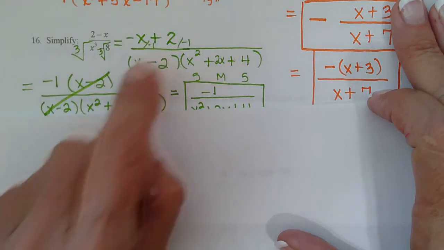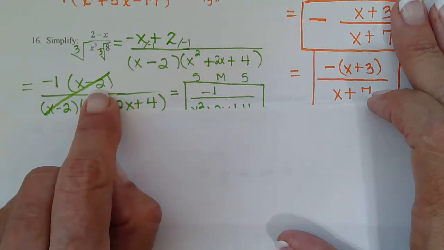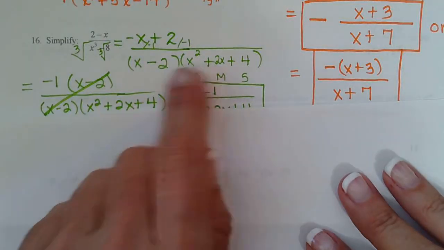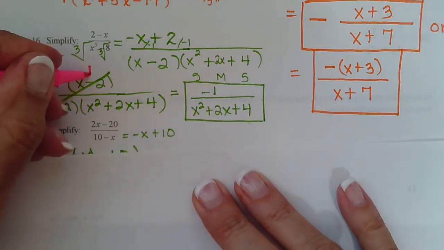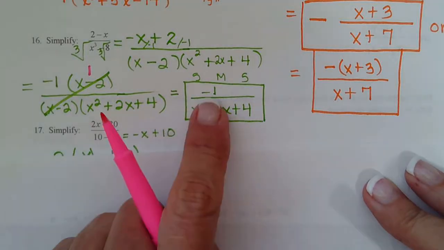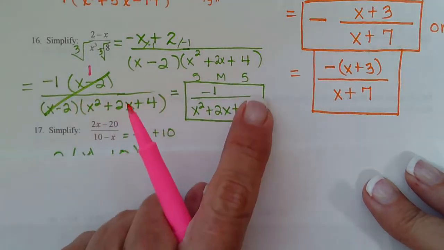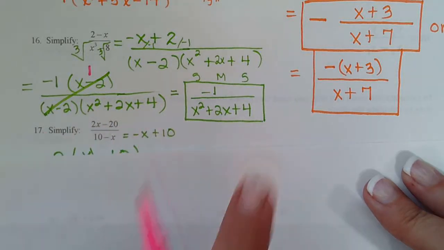When I divide this by negative 1, it becomes positive x. When I divide this by negative 1, it becomes negative 2. Bring this over, and then look what we have. x minus 2 divided by x minus 2 is 1. So my final answer is negative 1 over x squared plus 2x plus 4.